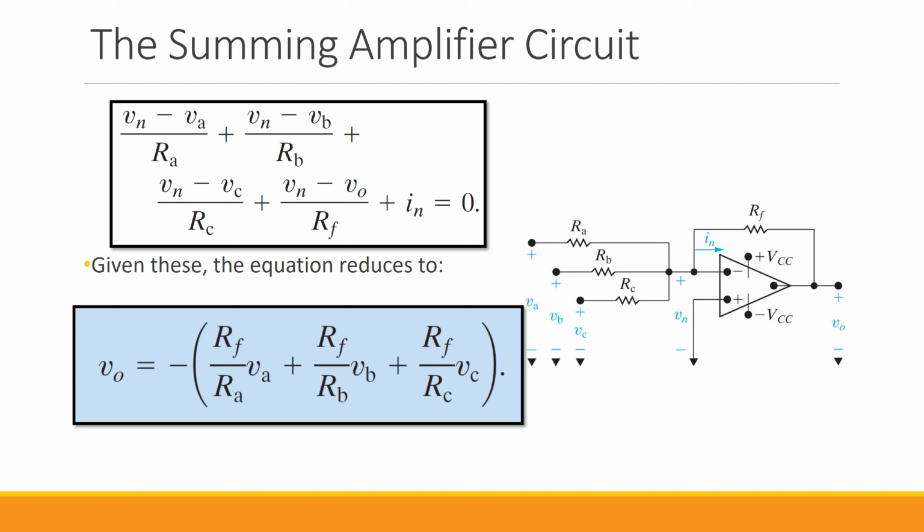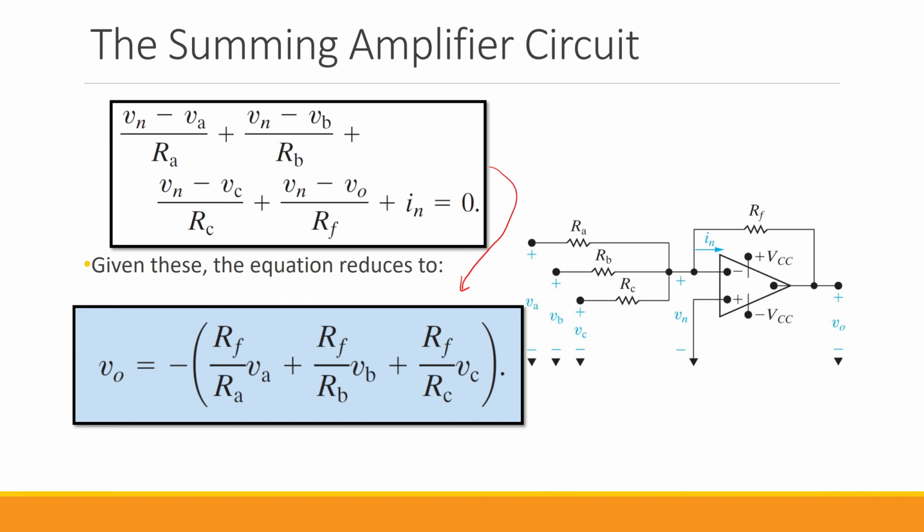So given these equations, the above equation is reduced to the below equation, which says VO equals negative RF over RA multiplied by VA plus RF over RB multiplied by VB plus RF over RC multiplied by VC. As I said before, you have a weighted summation of all the inputs, of course with the negative sign at the output.